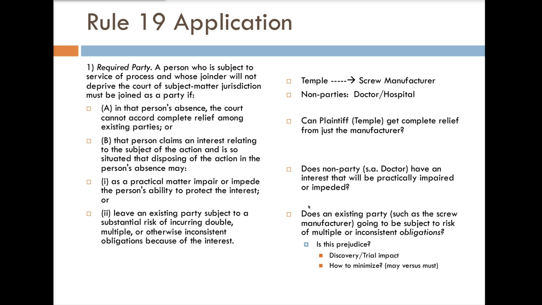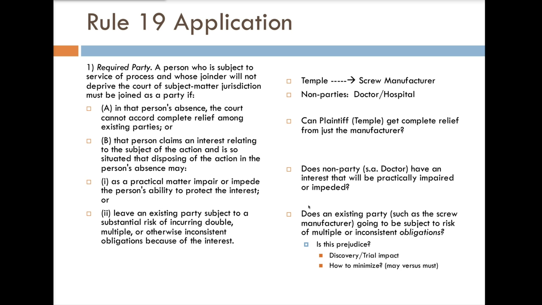As we said in the last slide, this doesn't necessarily mean that there will be two different lawsuits where maybe they're found liable in one and not the other, because if you're talking about different amounts of money, that's not an inconsistent obligation. Also, I just wanted to reinforce, although you might think that they might be prejudiced without these parties, that's not necessarily true.